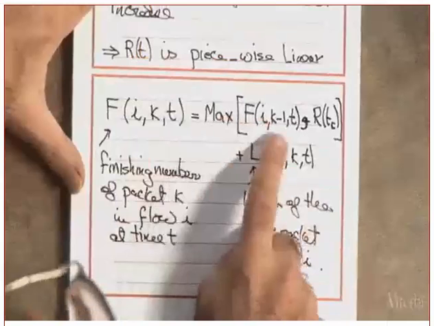By W, by the weight of that flow. Now, the larger the weight, what does that mean? This one will become smaller, which means these are the packets that will be served first in the weighted fair queue.